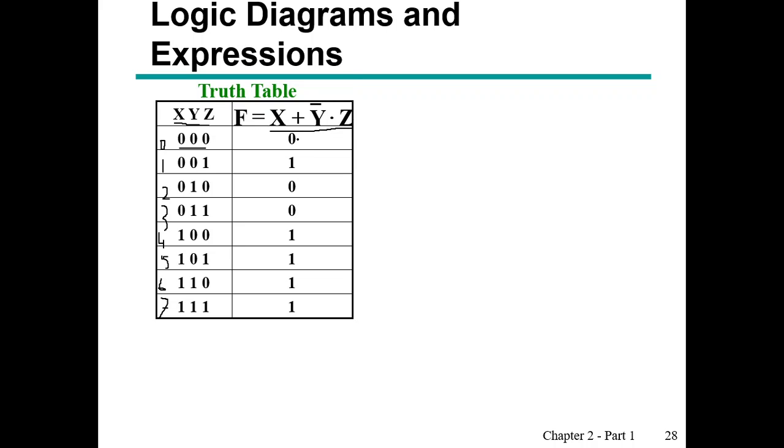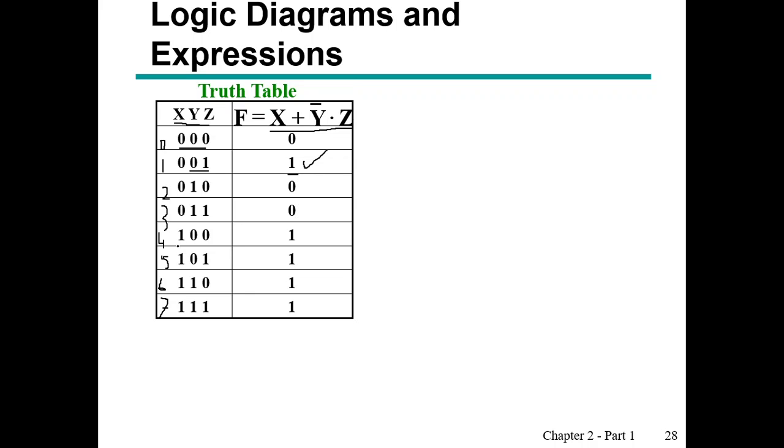So this is 0, this is 0, 0 or 0 is 0. Now how do we get this one? X is 0. So let us look at this term. Y prime is 1 and z is 1. So 1 and 1 becomes 1, and 0 or 1 becomes 1. So this should be 1.